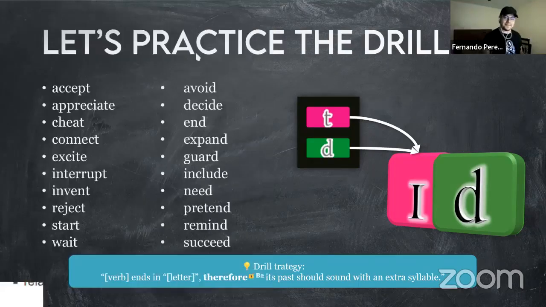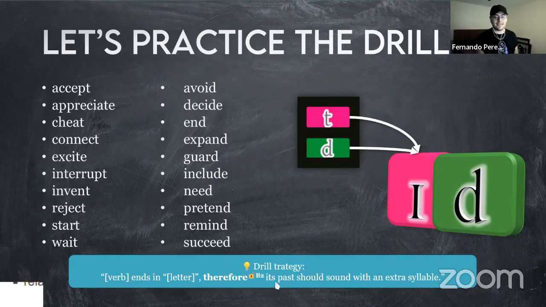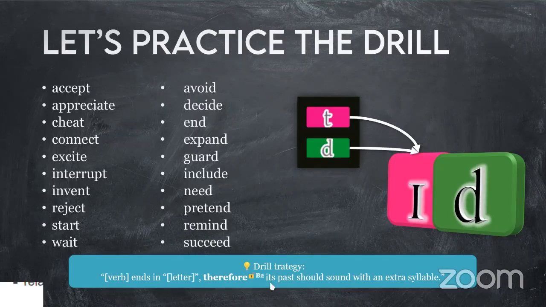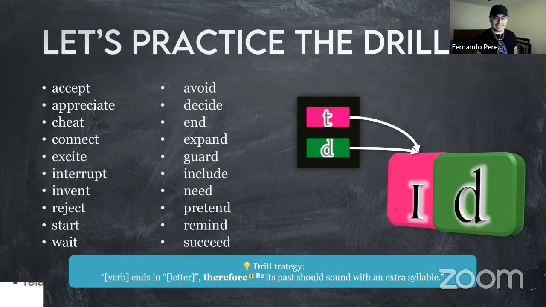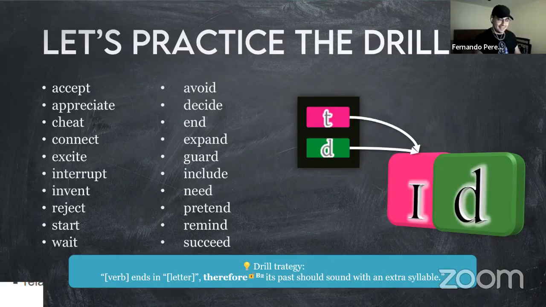Excite ends in T. Therefore, its past should sound with an extra syllable. No, it doesn't say it. It's a possessive. Again. Excite ends in T. Therefore, its past should sound with an extra syllable. Excited. Perfect. Very good.